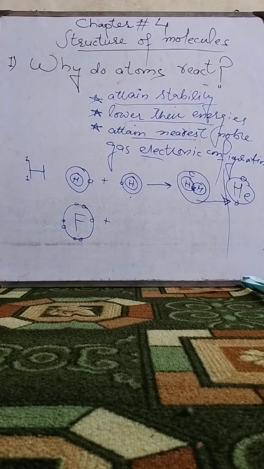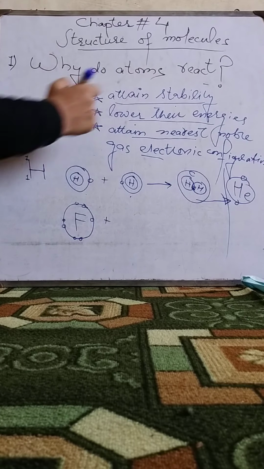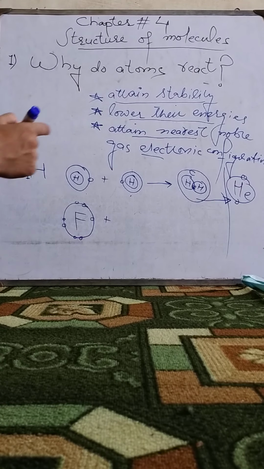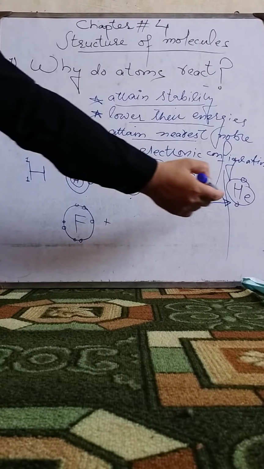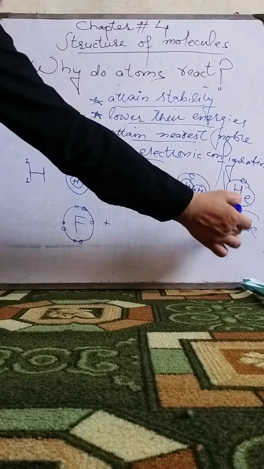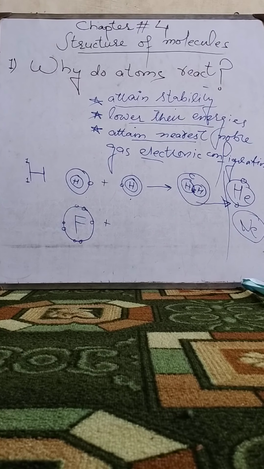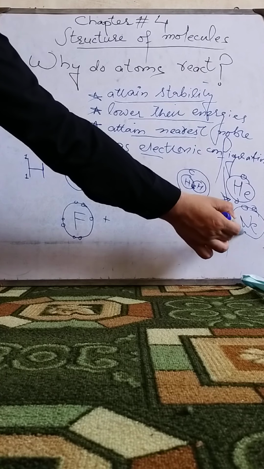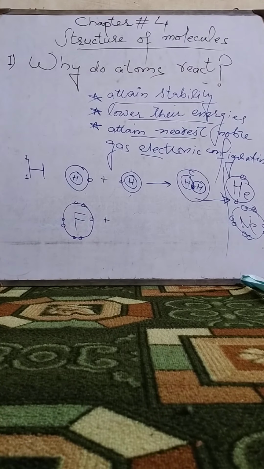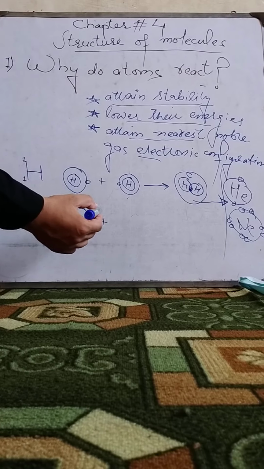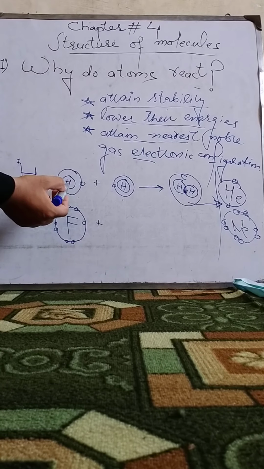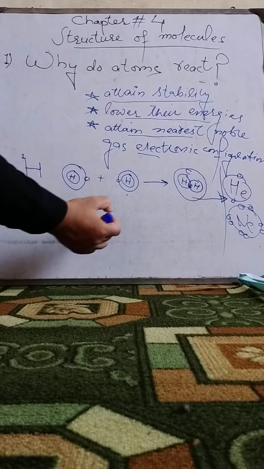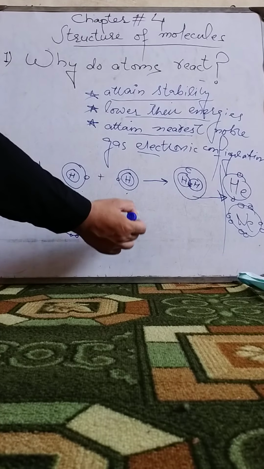So it wants to attain stability, it wants to lower its energy, and it also wants to attain the nearest electronic configuration of neon, a noble gas, which is very stable, and it has 8 electrons in its outermost shell. 8 electrons, 1 2 3 4 5 6 7 8. So it can react with hydrogen, as well as it can also form a bond with another fluorine atom.